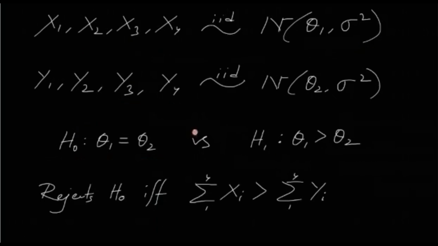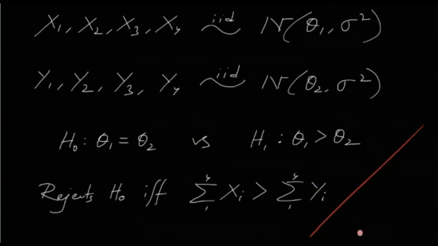So basically the parameter space comprises the entire R2, but H naught says that theta 1 equals theta 2. That means the null parameter space is basically the line y equals x. And the alternative parameter space, since theta 1 is greater than theta 2, is below the line y equals x, right?